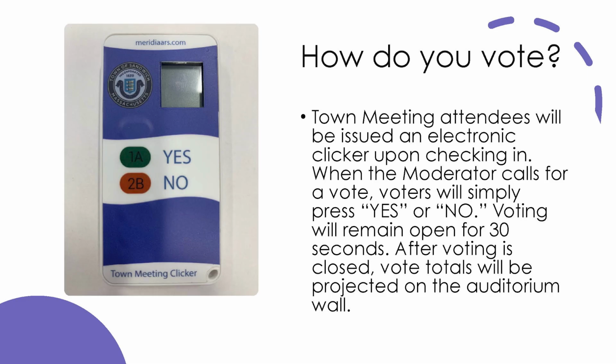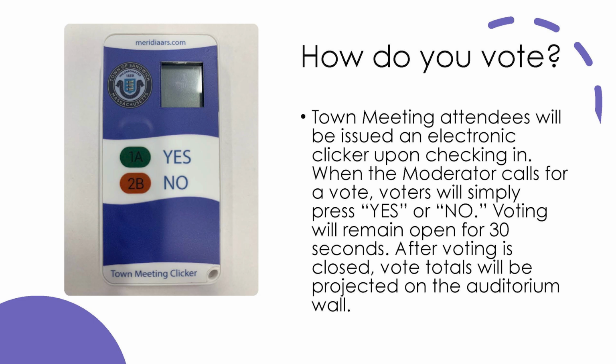How do you vote? Well, that's a recent change as well. If you've ever been to town meeting, you remember a lot of times it was just a simple voice vote, which could sometimes get, you couldn't tell. It wasn't very decisive. So we had a really high-tech way of deciding that, and everybody had a paper card, and the town moderator would appoint counters to go out and count each section twice.